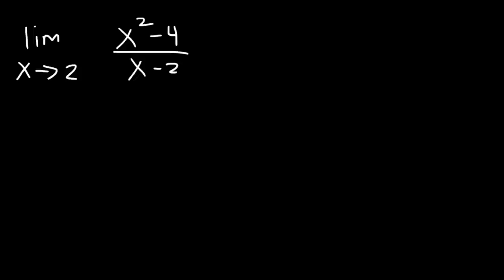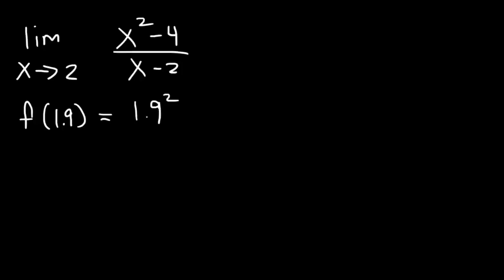Now sometimes you could find a limit by plugging in a value that's close to 2. You want to plug in a number that's close to 2 but not exactly 2. So for example, let's call this f of x. Let's calculate f of 1.9.